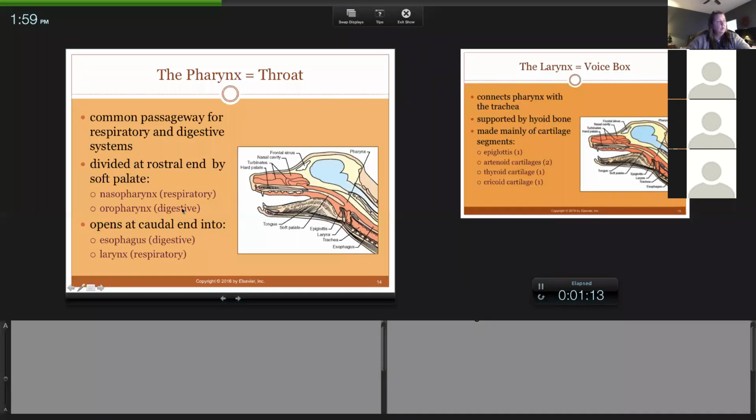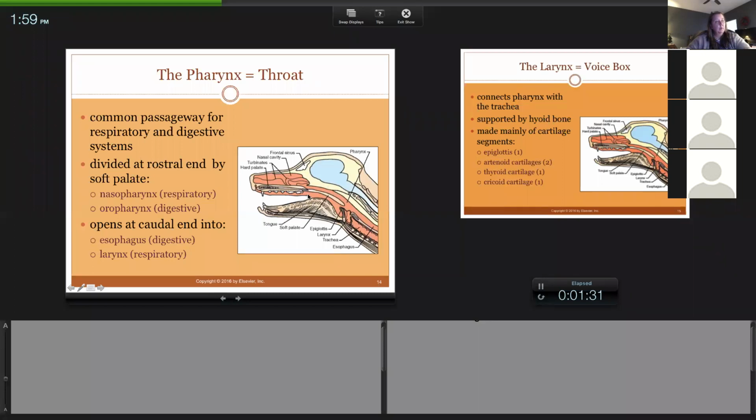The oropharynx is below the soft palate, and that is the opening of the pharynx to the esophagus. Now, they do switch here. The esophagus is dorsal to the trachea. The esophagus is on top of the trachea.